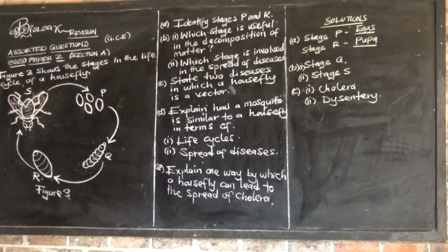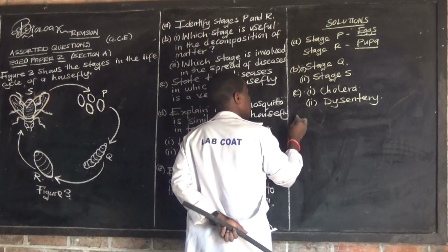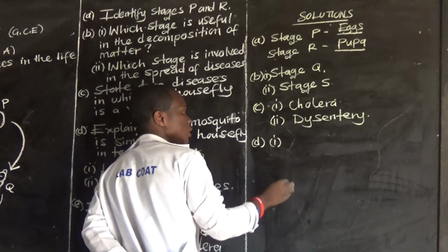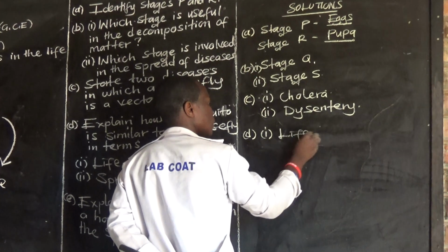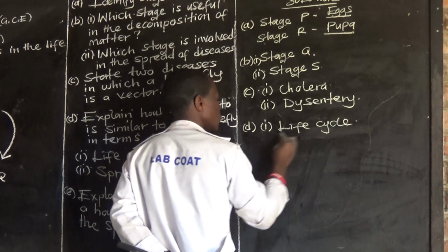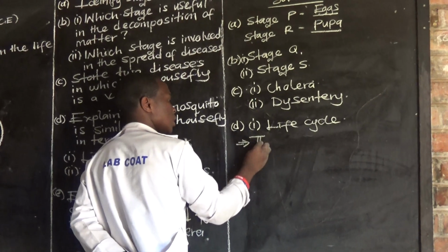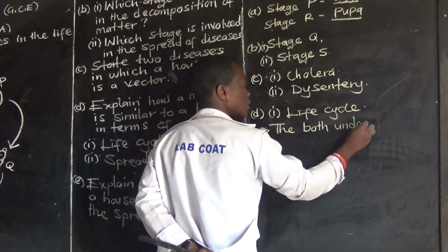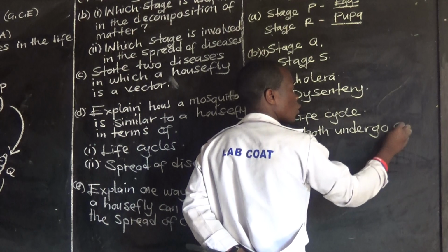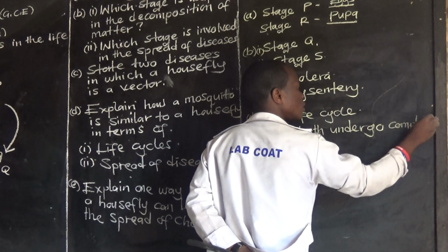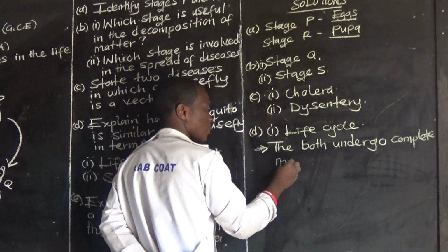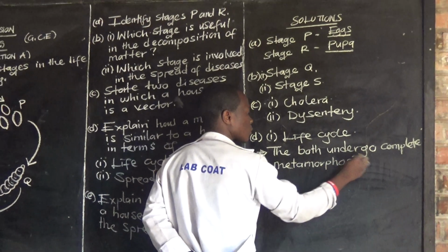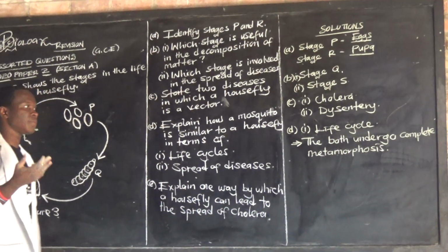So for D, Roman numeral 1, in terms of the life cycle, they both undergo complete metamorphosis.